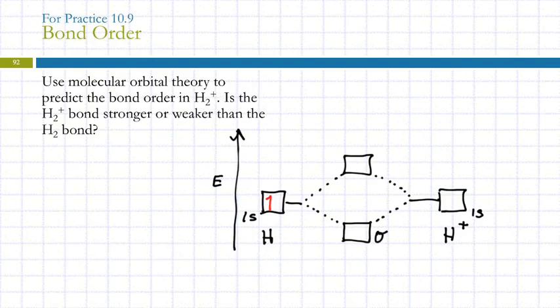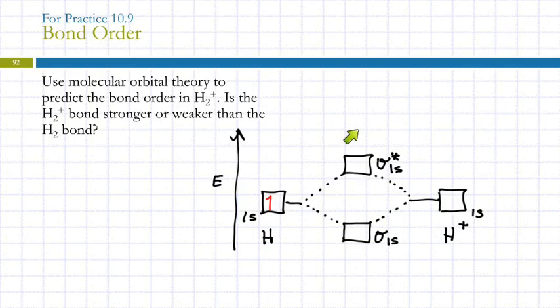This one is called sigma 1s. This one is called sigma star 1s. The star indicates that it's an antibonding orbital. The 1s is just telling us what kind of atomic orbitals were used to form these.